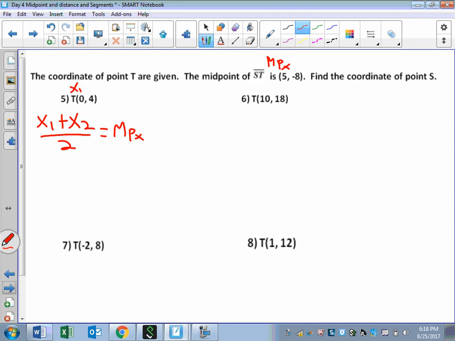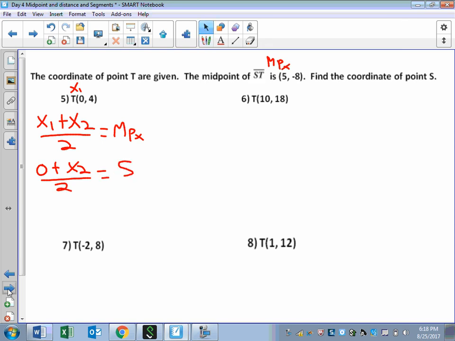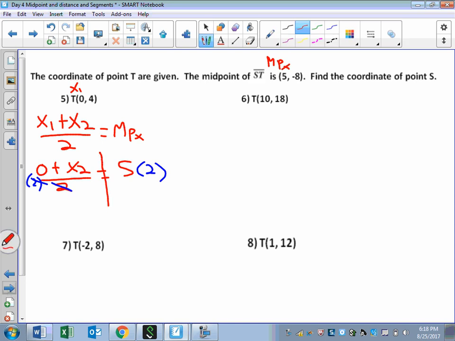So we have 0 plus x2 divided by 2 equals 5. Multiply by 2 to cancel that divided by 2 out. So we have 0 plus x2 equals 10. Well, that's just 0, so x2 actually equals 10.